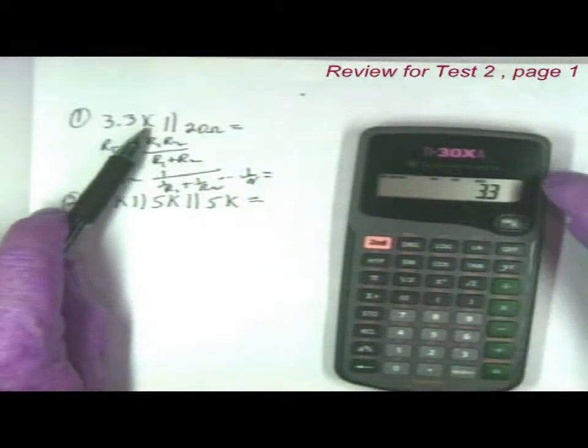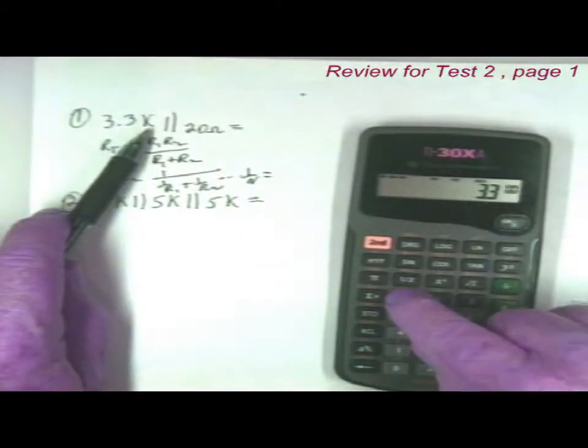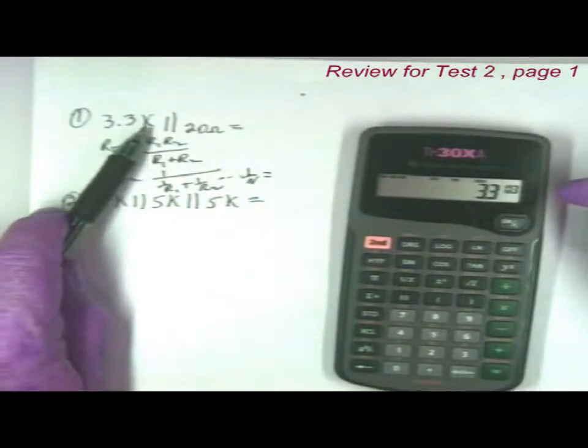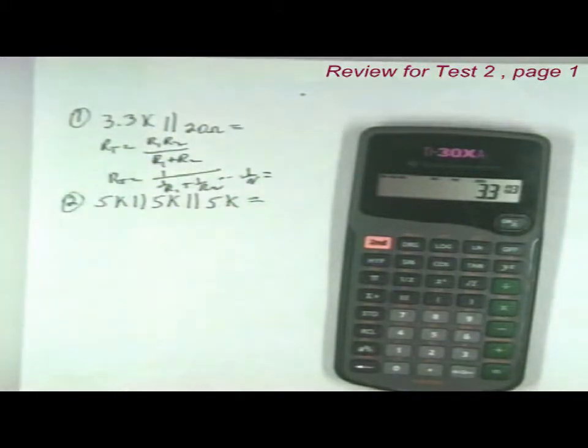So in order to put 10 to the third up in this window, I hit double E, and then I hit a 3. It's as simple as that. So now I have 3.3 times 10 to the third, which is 3.3 k ohm. In the metric system, K stands for 1,000. So that's how much? 3,300 ohms.